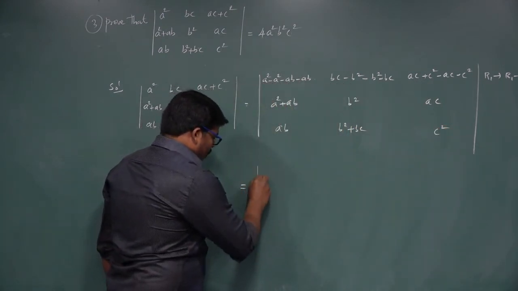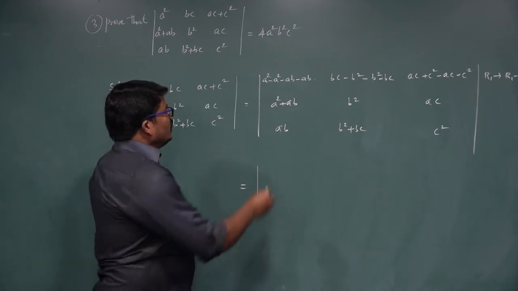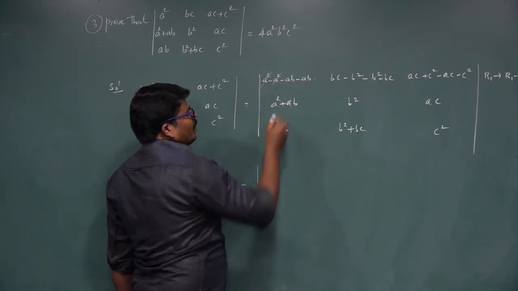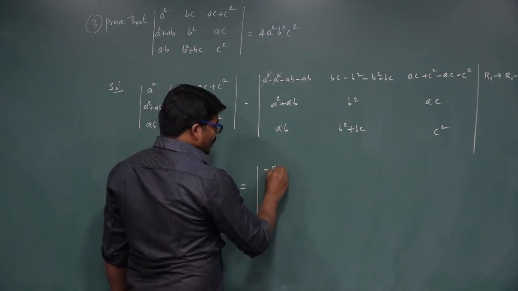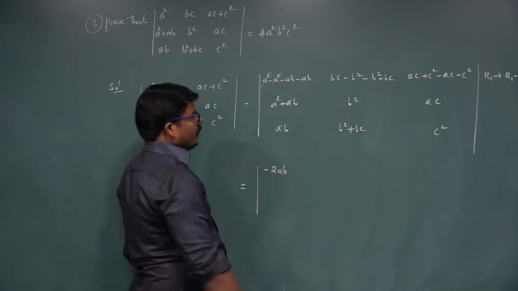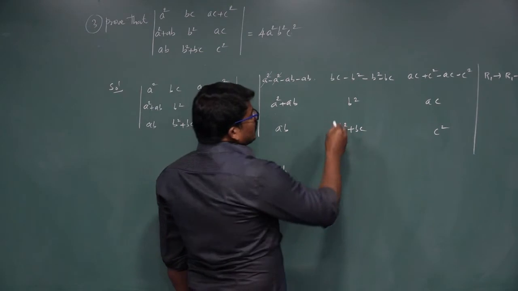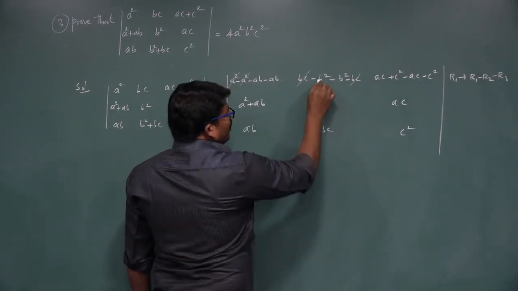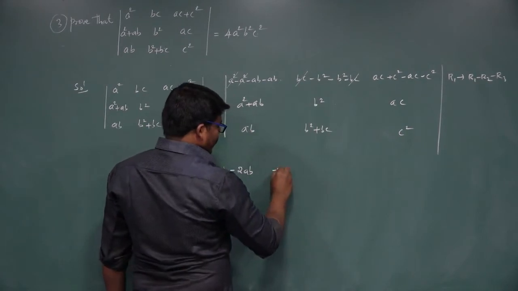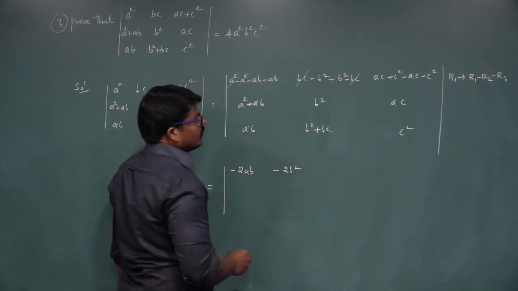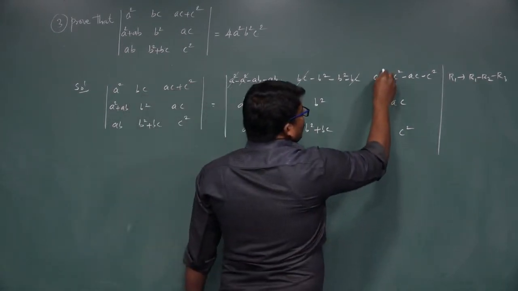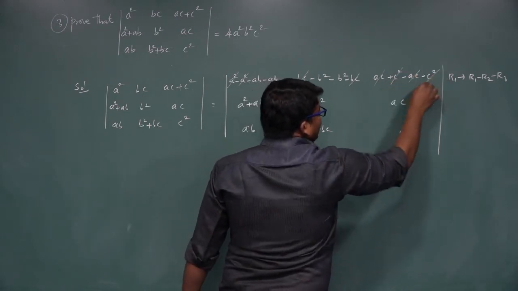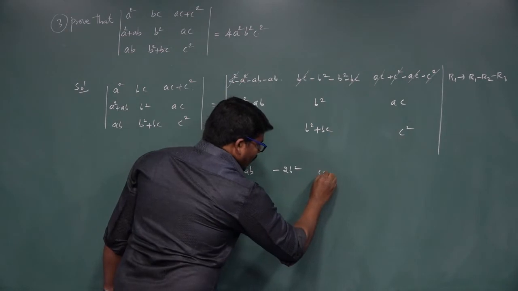That is equal determinant of A square minus A square cancel, minus AB minus AB is minus 2AB. Next one, minus BC plus BC cancel, minus B square minus B square, minus 2B square. Next one, plus AC minus AC cancel. Next one, plus C square minus C square cancel. This value 0.